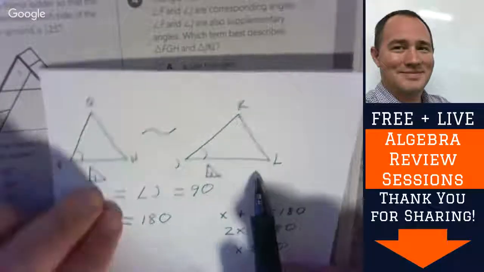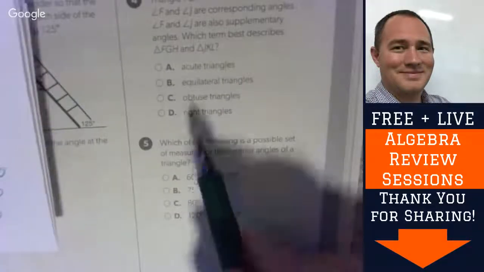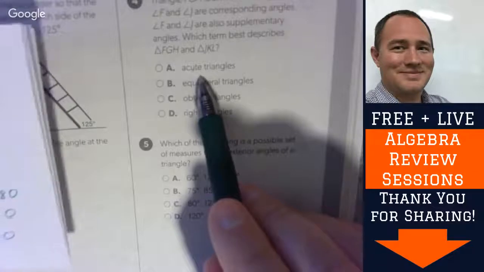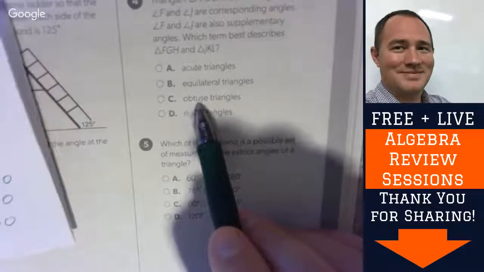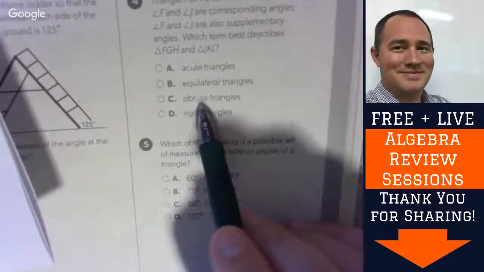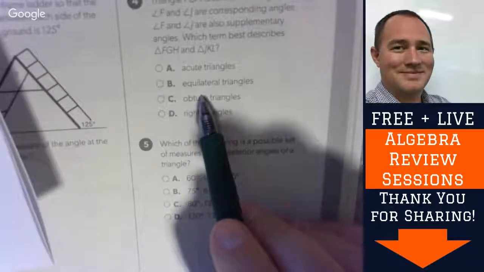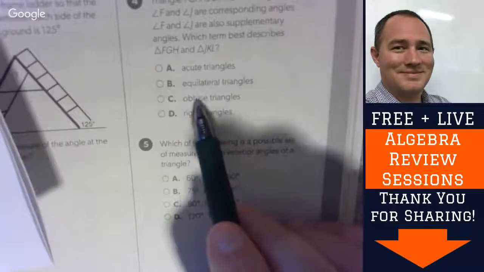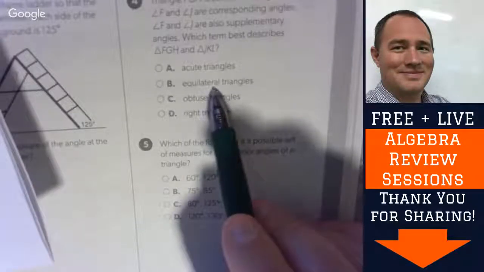So we have to look at our definitions. An acute triangle means all of the angles are less than 90 degrees. An obtuse triangle means there is one angle that is more than 90 degrees. An equilateral triangle is also acute, but specifically all three angles are equal to each other.